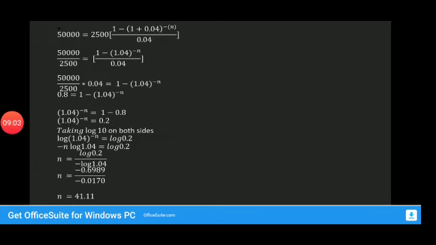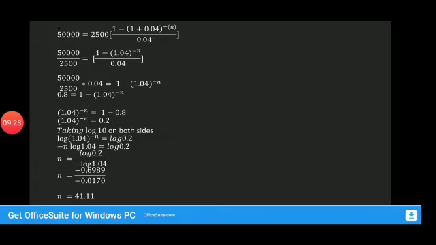By taking log on both sides, we have seen that it's a log rule, that in a log, the power comes in the beginning of the log. So we can see here that log of 1.04 raised to power minus N is equal to log of 0.2, which is minus N log of 1.04 is equal to log of 0.2.